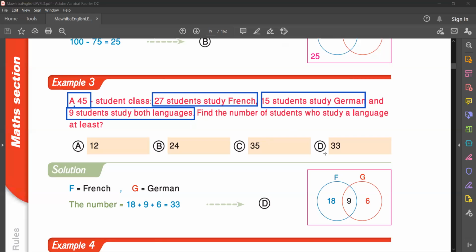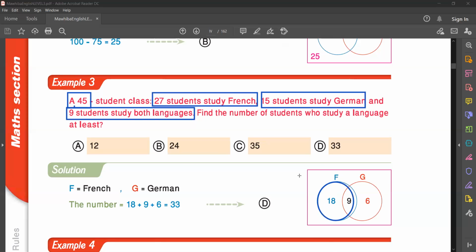Okay, we draw the diagram here. All students are 45. So 27 study French, so we draw here about French.